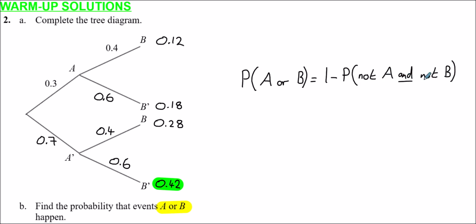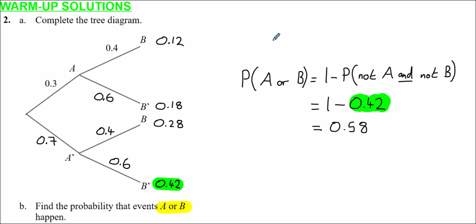If A and B don't happen, and we subtract that probability, the only option that's left is there's some A or some B. So it's 1 minus this 0.42. If you want to try on your calculator or otherwise, it's 0.58.